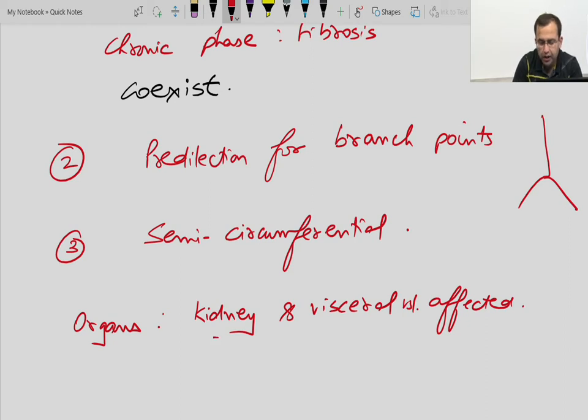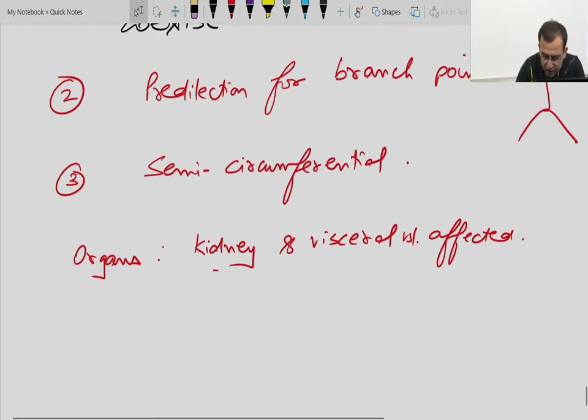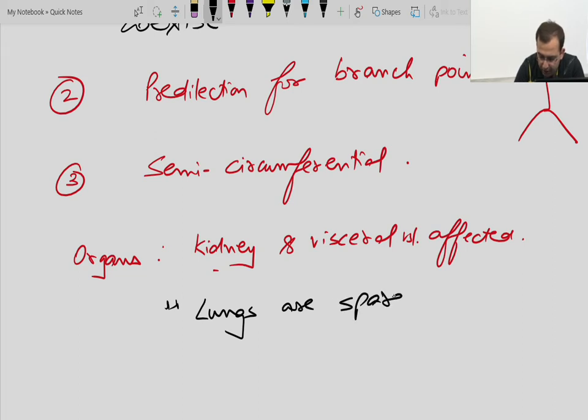Please note, in kidney it is not associated with eosinophilia. That was the answer. Another important point in this is, put a double star and write down, lungs are spared. In PAN, lungs are spared. Easy to remember. Lungs are associated with alveoli, which has small vessels with it.